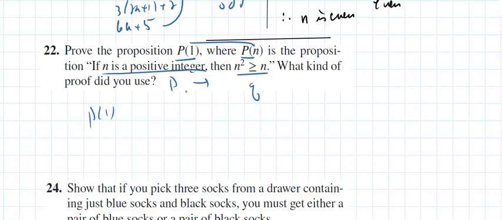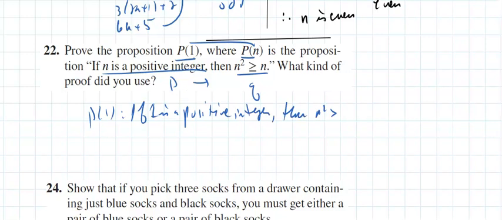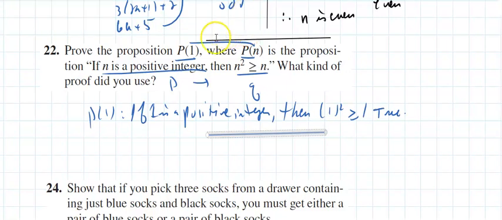It says if 1 is a positive integer, and it is, then n squared, 1 squared, is bigger than or equal to 1, which is true. Right? So this is a fairly simple and quick proof. This is the trivial case, of course.